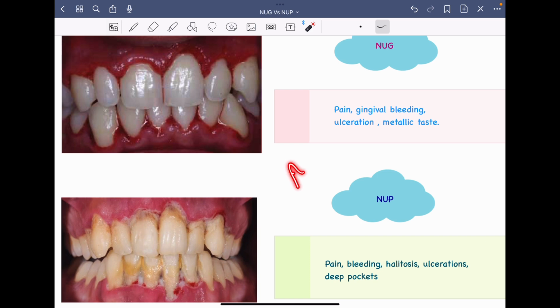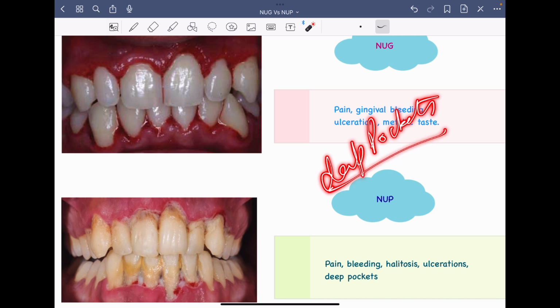In exam you might get an MCQ asking in which condition there is extensive periodontium involvement, or in which cases you will see presence of deep pockets. So always remember, in NUG there are no periodontal pockets present. It is a very severe disease, yes of course, but there is no presence of periodontal pockets. Very, very important point, you must remember.